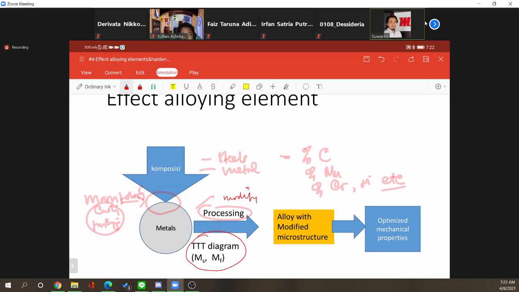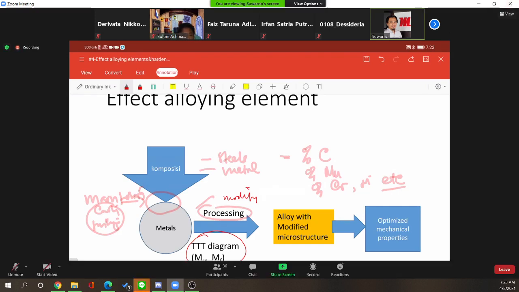However, if we would like to have pearlite, then we cool it quite slowly, either in the air or in the furnace. We keep the sample inside the furnace, turn off the furnace and let it cool down by itself. That will give a slow cool, and slow cooling will give you a pearlite microstructure.